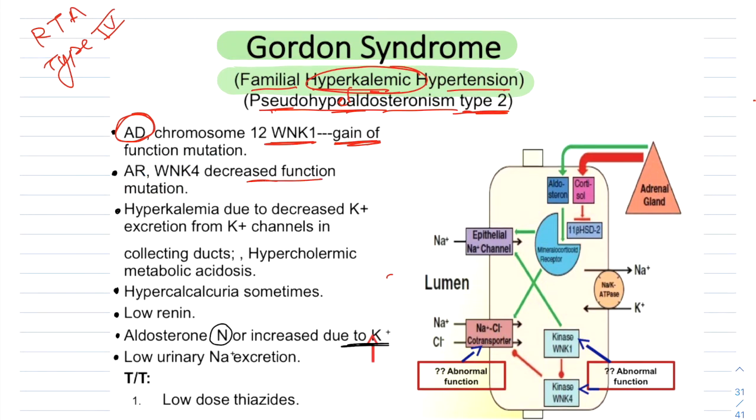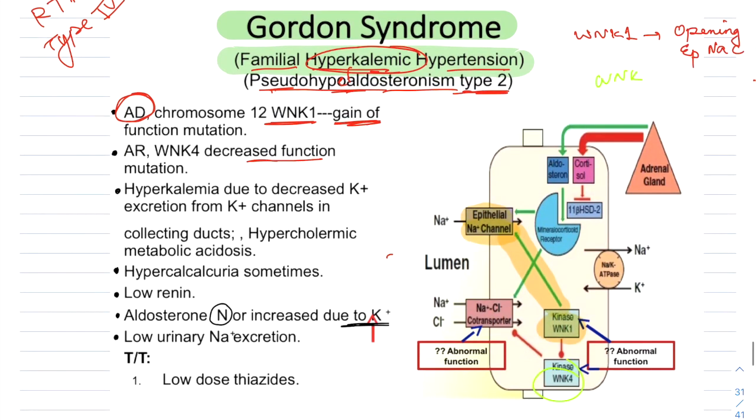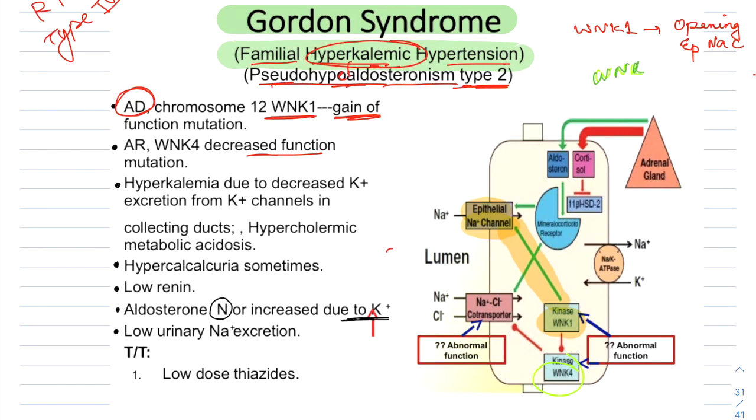Okay, so let me make it more clear to you. WNK1 is responsible for opening of the epithelial sodium channels, while WNK4 here is responsible for the closure, that is the inhibition, of the sodium chloride co-transporters.